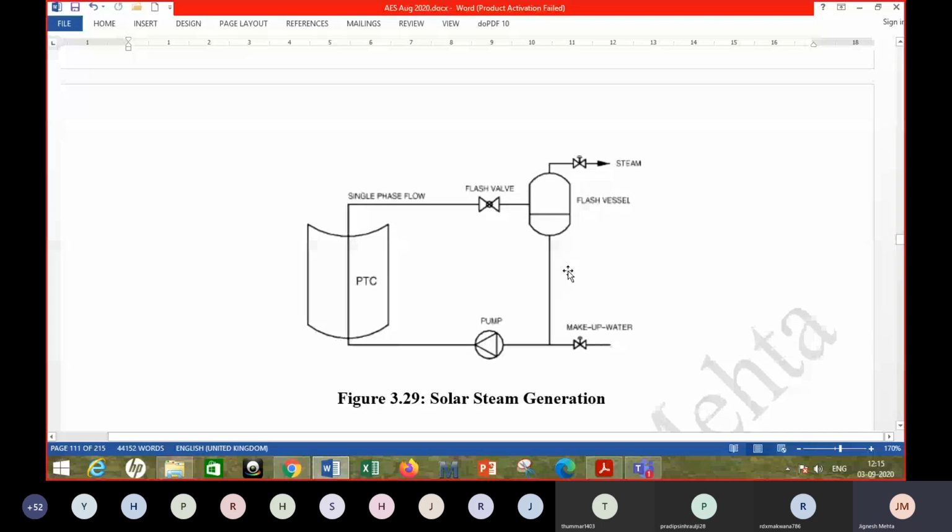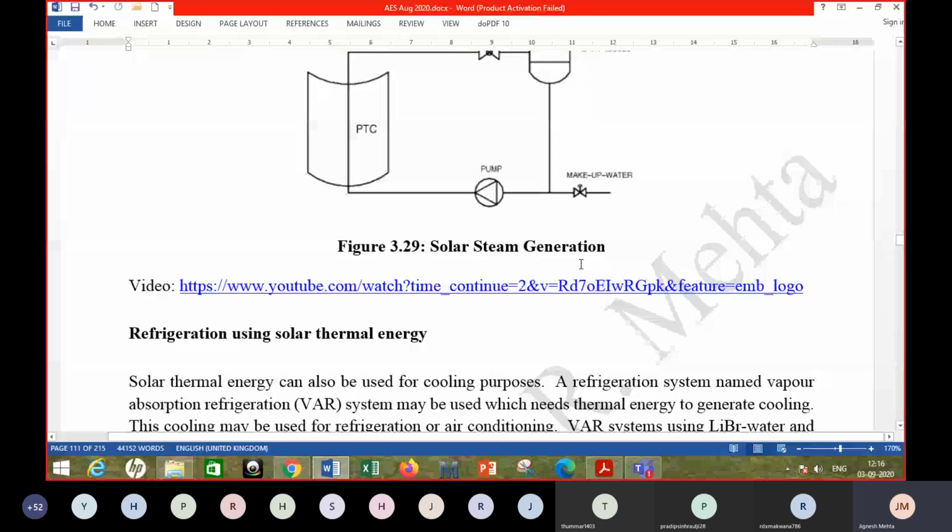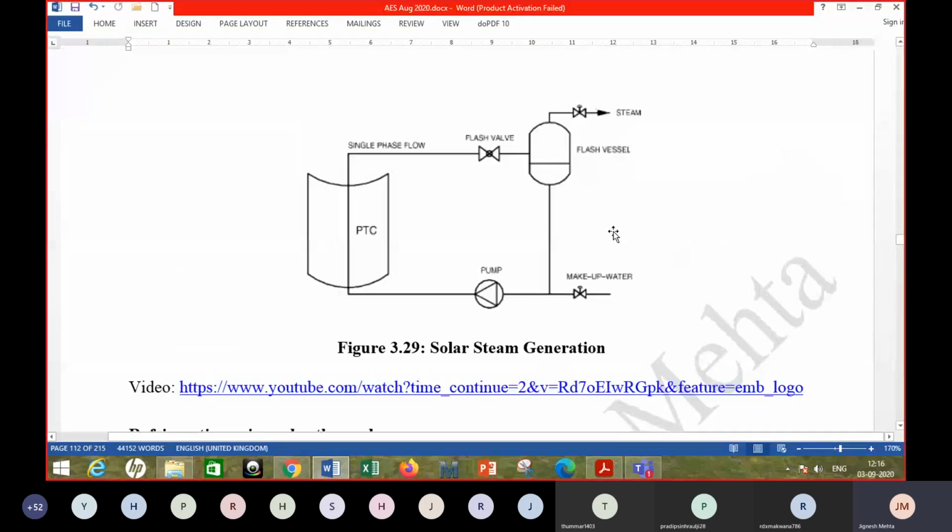There are many other possible applications. The only thing is that it has to become technically and economically feasible. People have been trying for years and decades to make these systems technically and economically feasible.